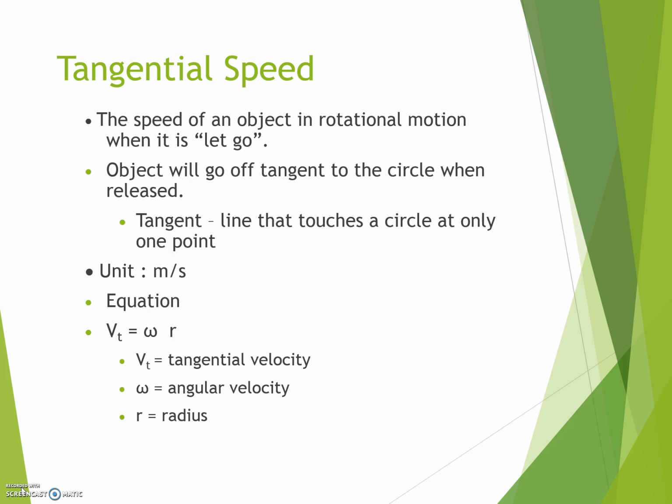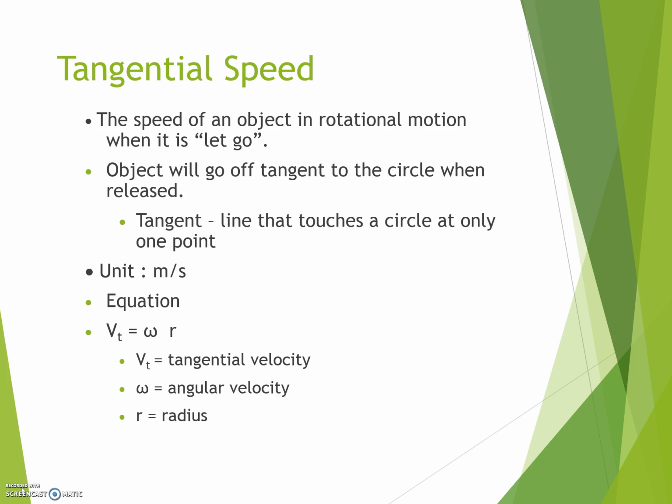So to calculate the tangential velocity of an object when it's in rotational motion and it's let go, we would take the angular velocity and multiply it by its radius. Now remember that angular velocity is the change in the angle per unit time, and it's in terms of radians per second.